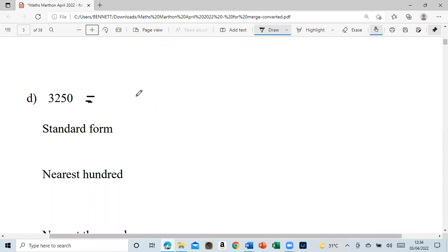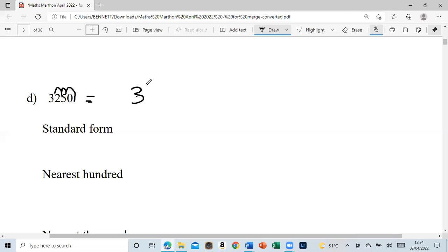Anyone? 3.25 times 10 to the 3. Alright. Guys, remember the decimal point is right here. Guys, you can ask questions if you want. So we have 1, 2, 3.